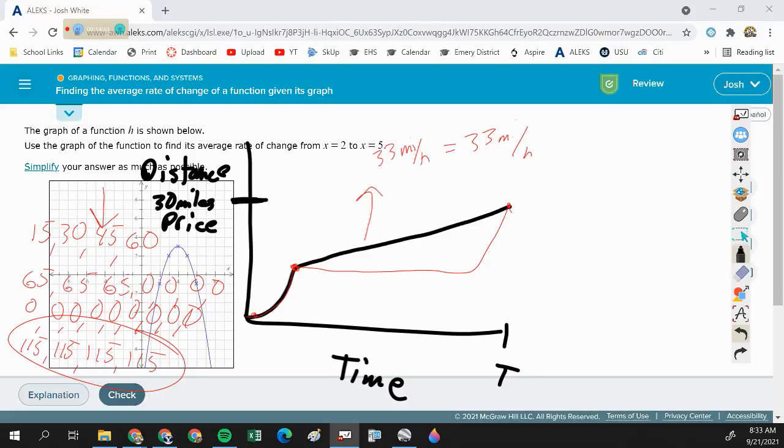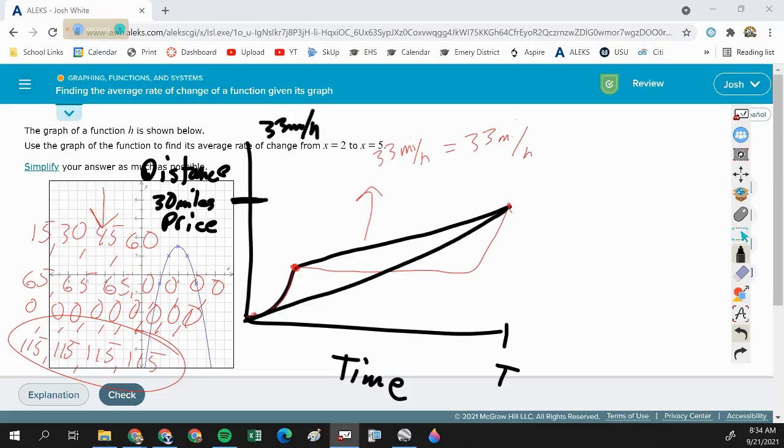All we need is the total distance and the total time taken. So if some other person were to go to Price and they were to travel 33 miles per hour the whole time, their graph would look like this, right? And the slope of that line is going to be 33 miles per hour.